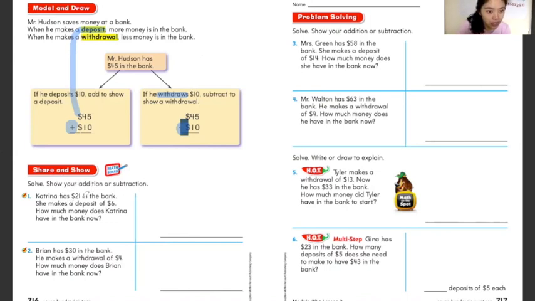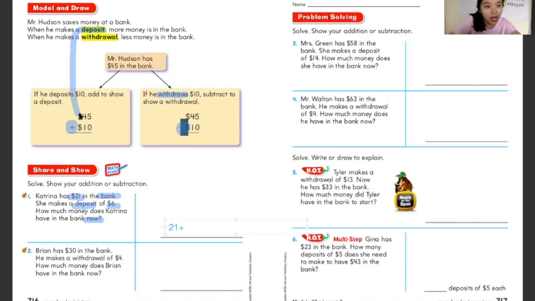Katrina has $21 in the bank. She makes a deposit of $6. How much money does Katrina have in the bank now? So in the past, she has $21. Let's come up with an equation. She made a deposit.